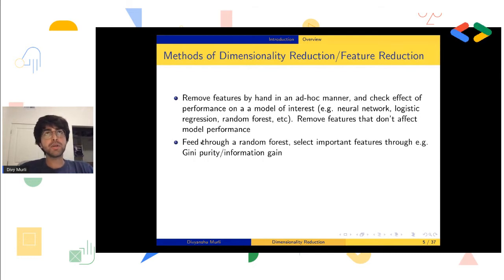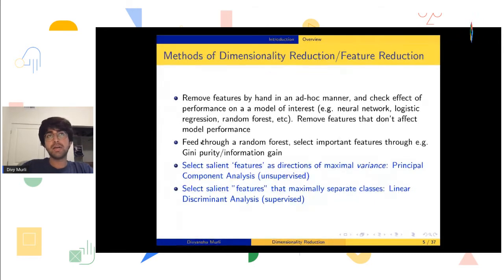I just wanted to go over that to distinguish between what feature reduction is and what dimensionality reduction is. In this talk, I'm going to be focusing on dimensionality reduction as opposed to feature reduction. Feature reduction is usually done to find the most important features for a particular model.